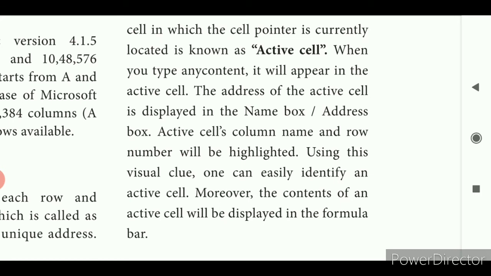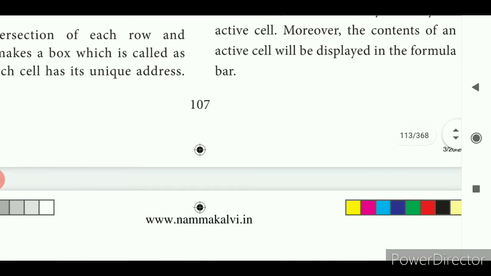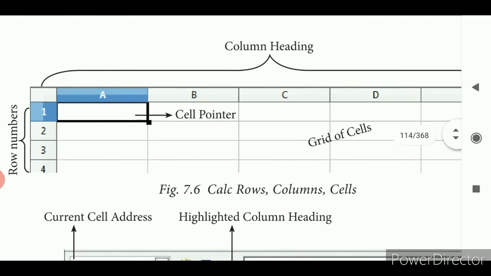Using this visual clue, one can easily identify an active cell. Moreover, the contents of an active cell will be displayed in the formula bar. Here you see figure 7.6, A1 is the highlighted active cell.